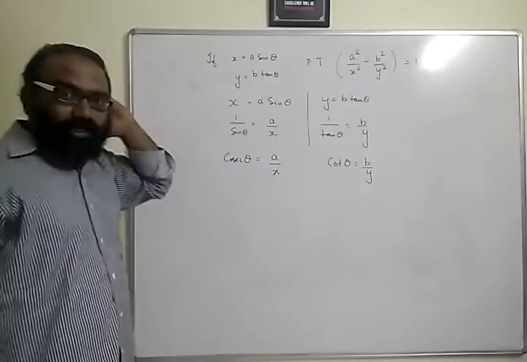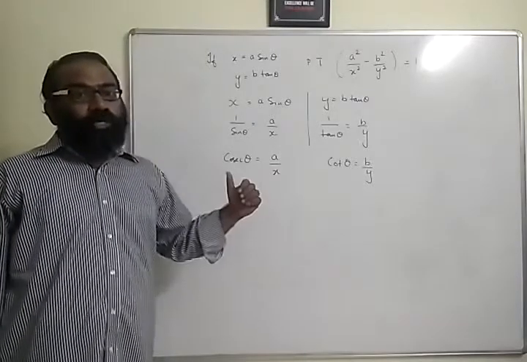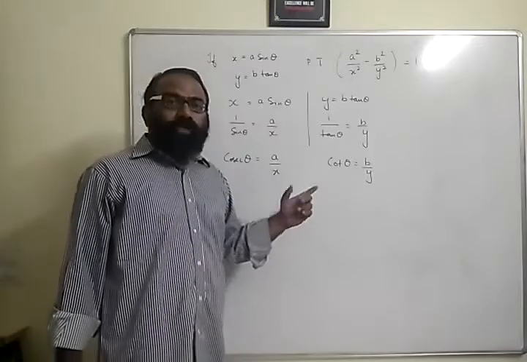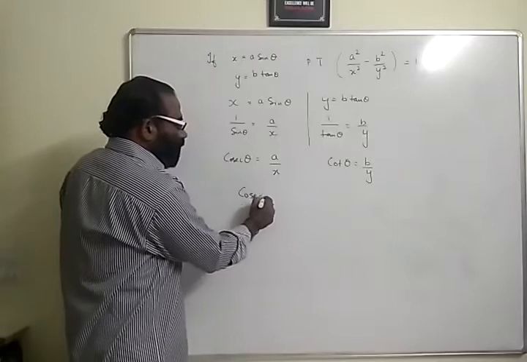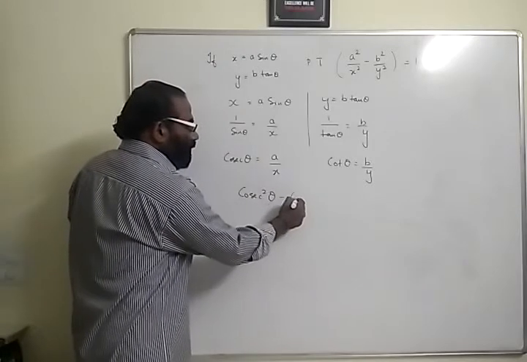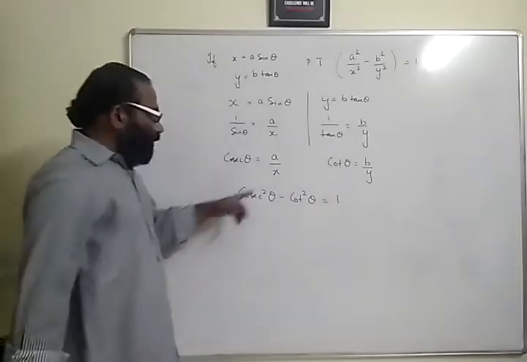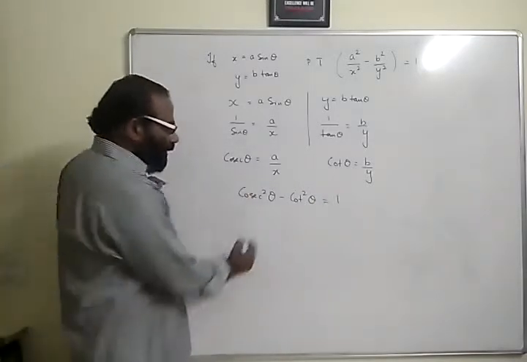Now when I look at these two, cosecant theta and cot theta, I can form a relation. The relation is cosecant squared theta minus cot squared theta equals 1. So when I substitute, instead of cosec theta, I can substitute a by x.